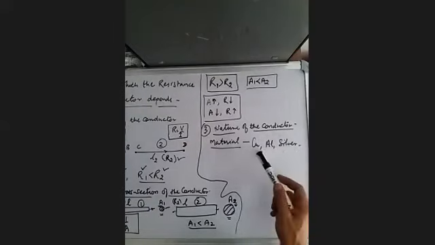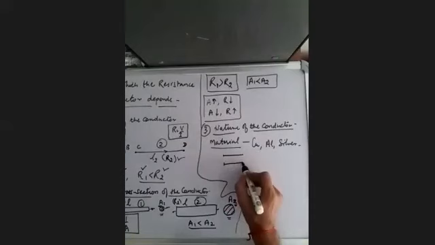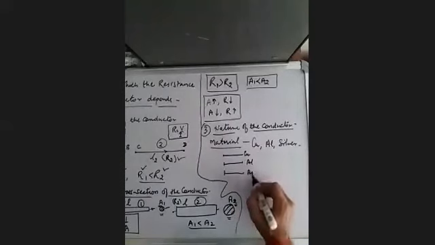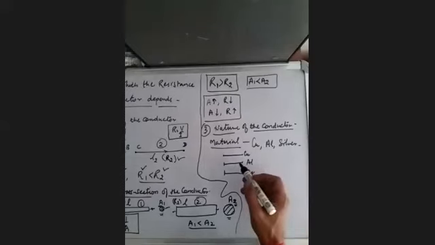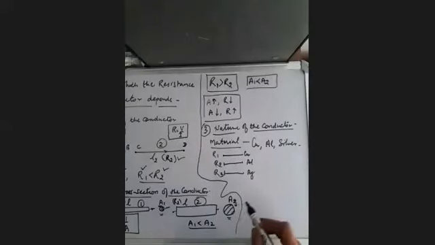If we take conductors of equal length, equal area of cross section, one of copper, one of aluminium, and one of silver, then if we find the value of resistance, copper will be different, aluminium will be different, silver will be different.